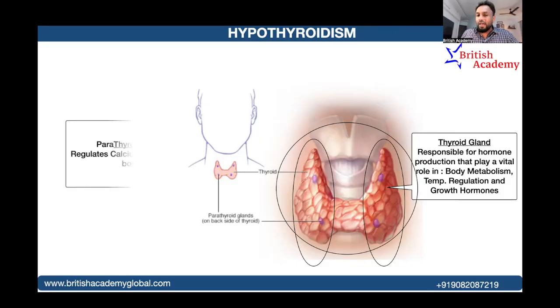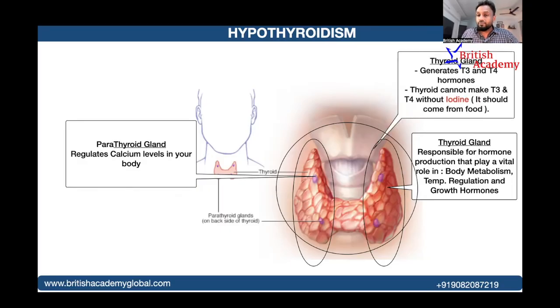Now, what about the parathyroid glands? These are responsible for regulating calcium levels in your body. Both these glands are very important and help in the normal physiological functions of your body. The thyroid gland generates T3 and T4 hormones, and these hormones cannot be built in your body without iodine.